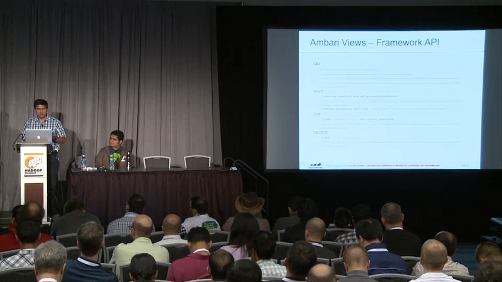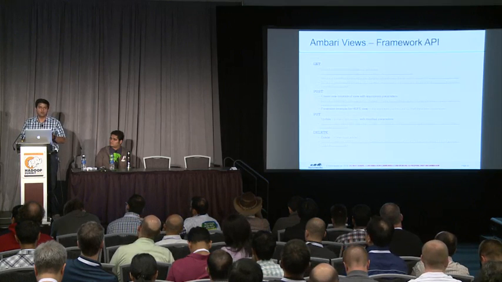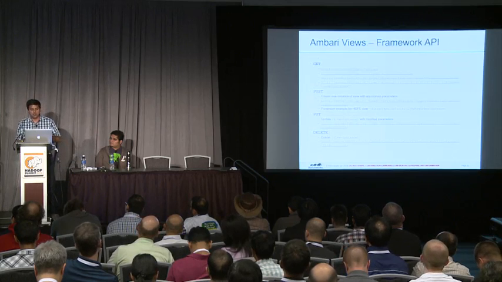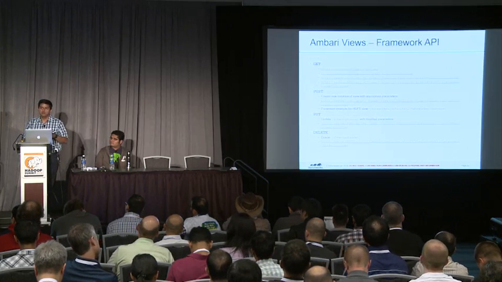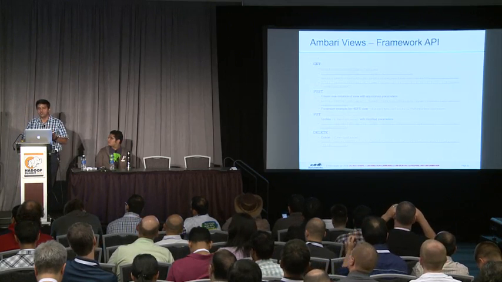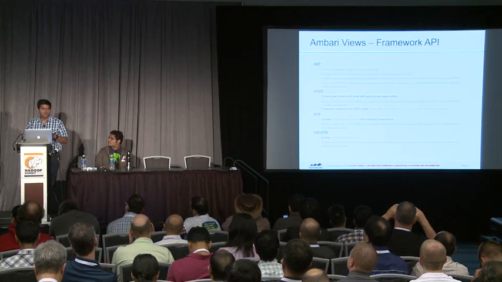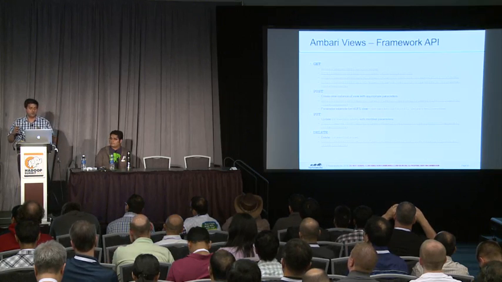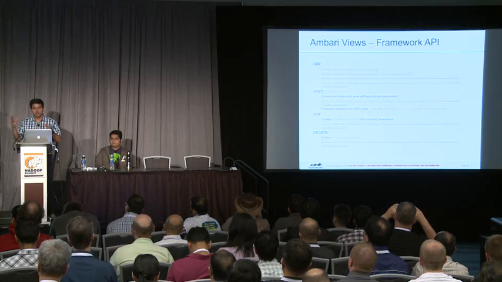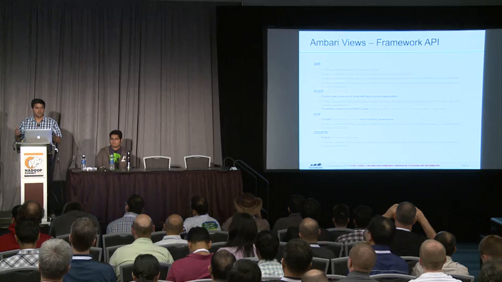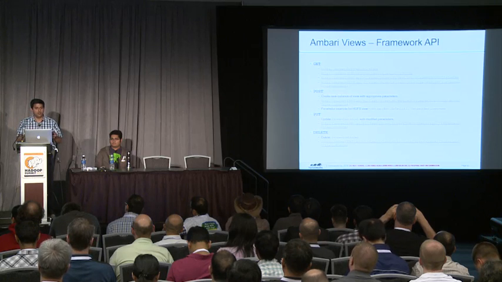The way you would do that dynamically at runtime is that Ambari has the views API, the framework API, by which you can see the list of views that you have, what versions you have, and what instances of the different versions you have. Let's say you're a third-party tool and you want to deploy your HDFS view, or you have your own service hosted in Ambari and you want to programmatically deploy a view.